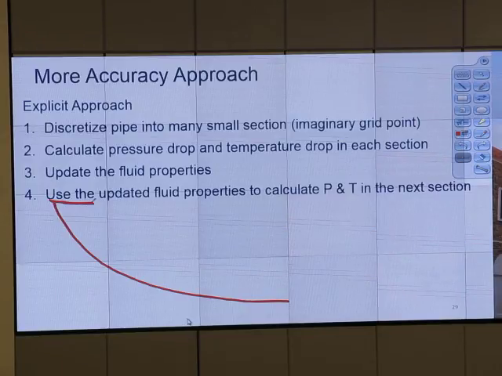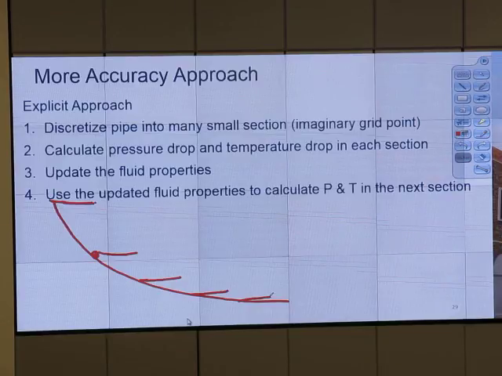Once you get the temperature at the outlet of the first section, you use that temperature to do the calculation of the second section. So you assume that your fluid property is the same everywhere in that section. So you have something like this in your calculation. That's what happened.